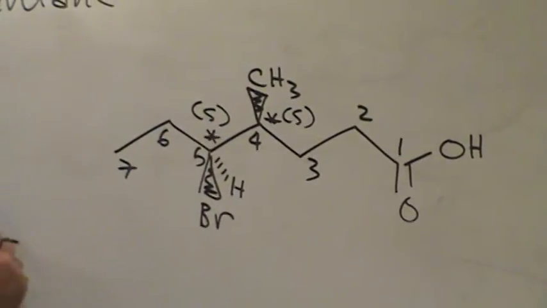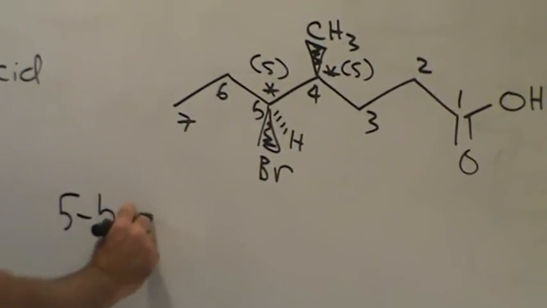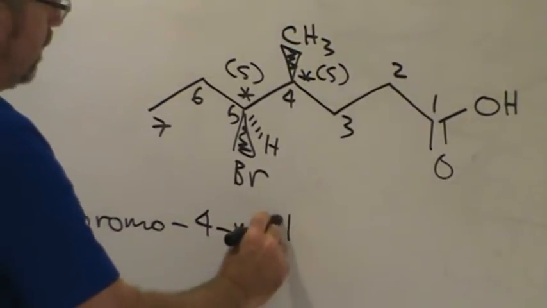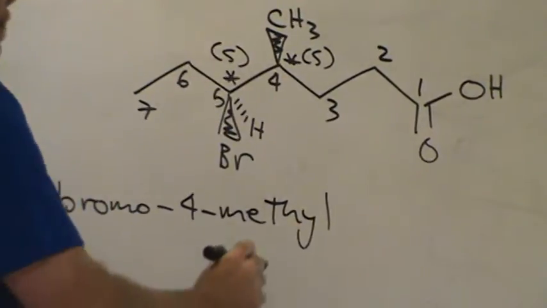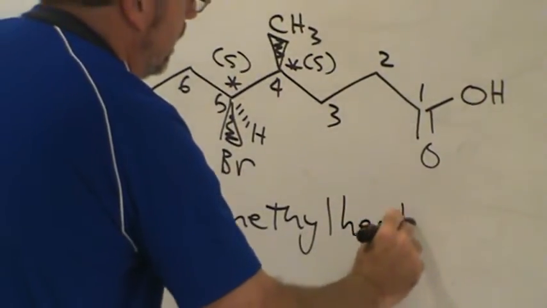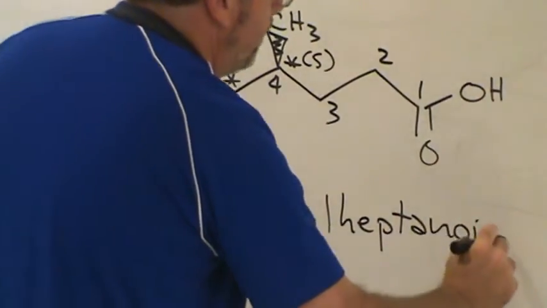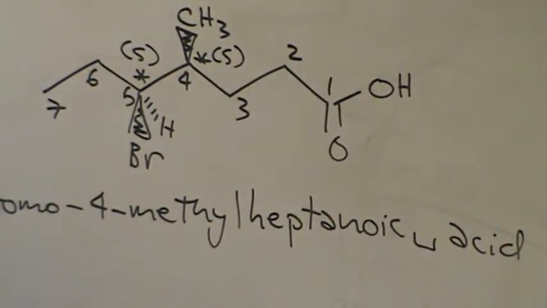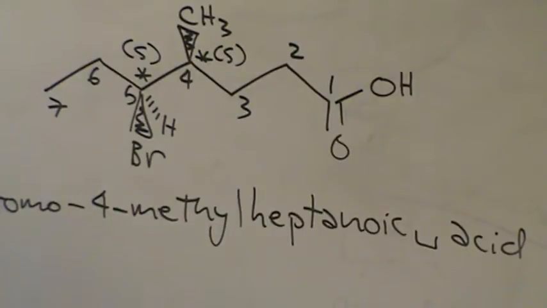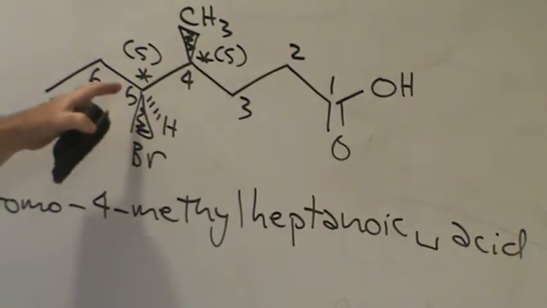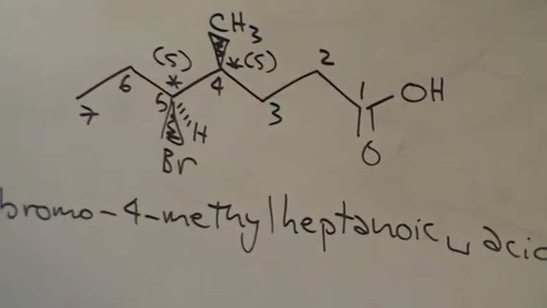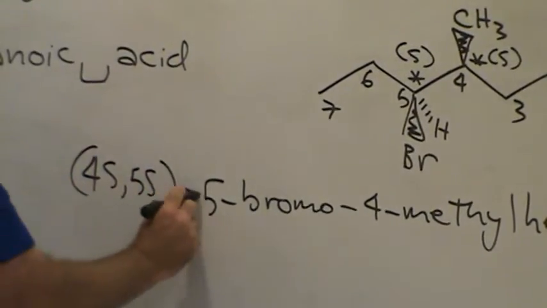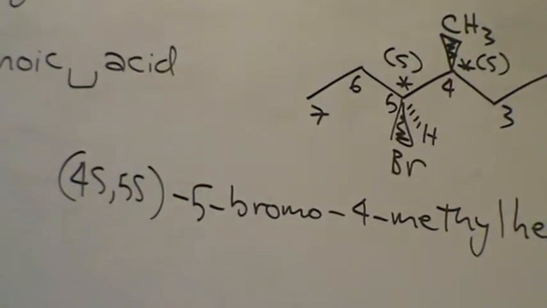So we've got a 5-bromo, 4-methyl heptanoic acid. Since I have those two stereogenic centers, I've got to include that information in there. It is a 4S, 5S configuration. So we include that in the normal way.